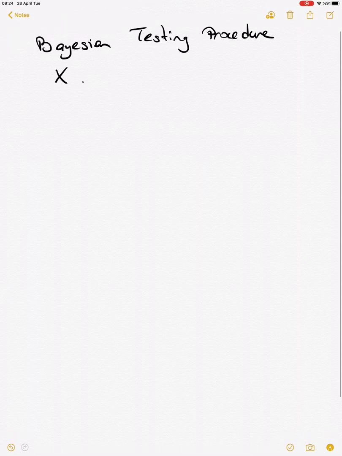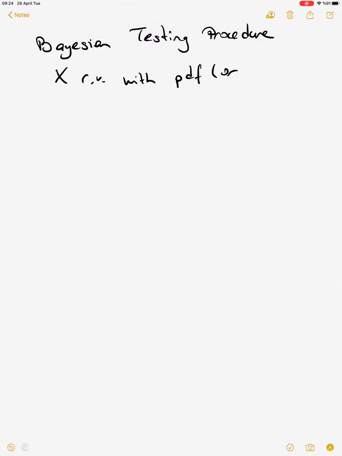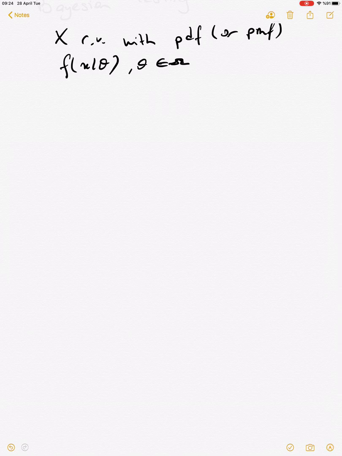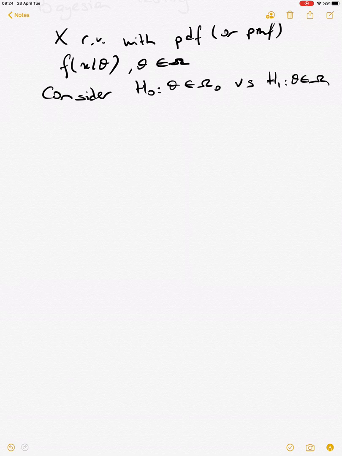Okay, so again we have a random variable x. We know its PDF or PMF. Okay, so this is known. Theta is in the parameter space, and our aim is to be able to estimate that. And let's consider the hypothesis where theta is in the null space versus the alternative, theta is in the alternative space.